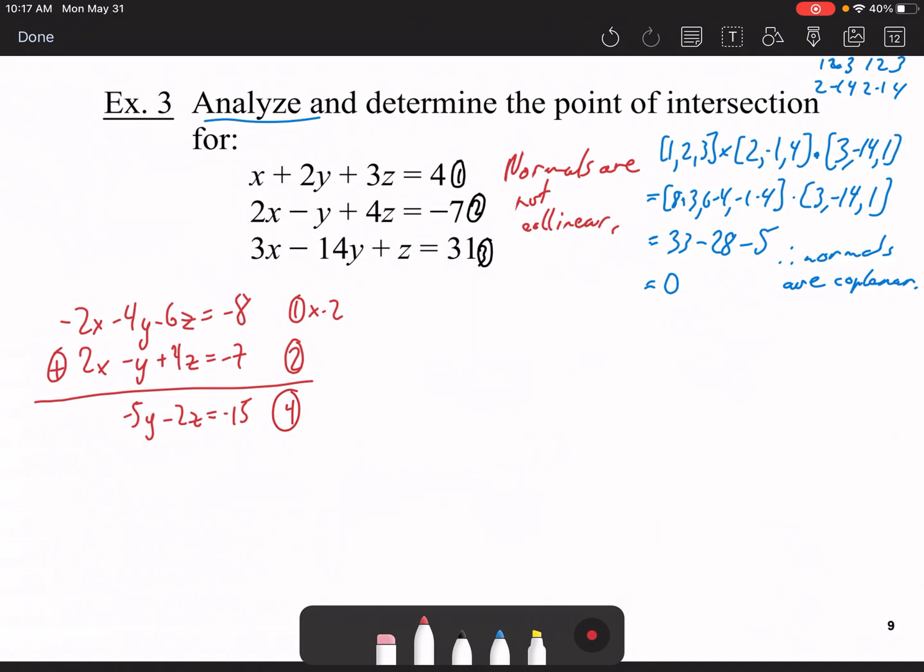Okay, so again, I'm going to do the same thing, but this time I'm going to eliminate the variable x from equations 1 and 3.